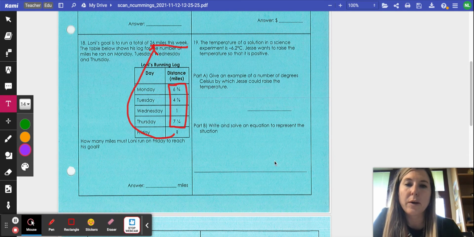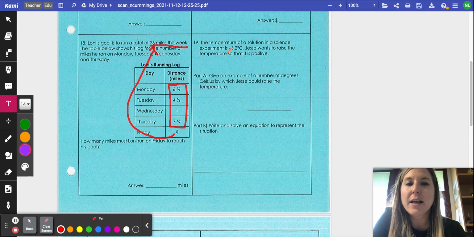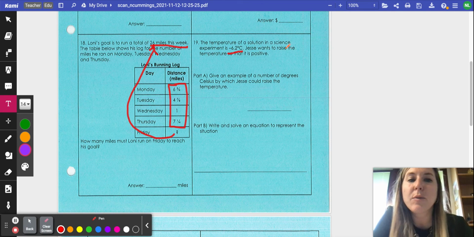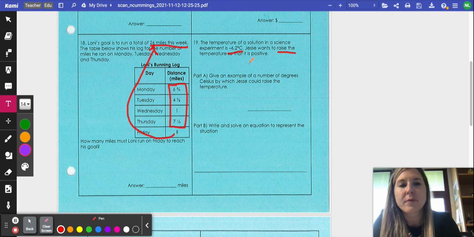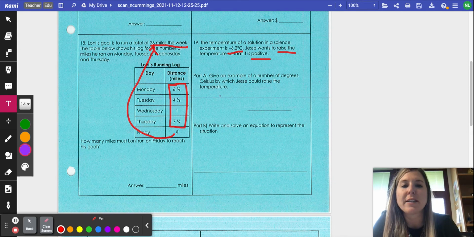All right, moving on to question 19. The temperature of a solution in a science experiment is -6.2 degrees Celsius. Jesse wants to raise the temperature so that it is positive. Part A, give an example of a number of degrees by which Jesse could raise the temperature.